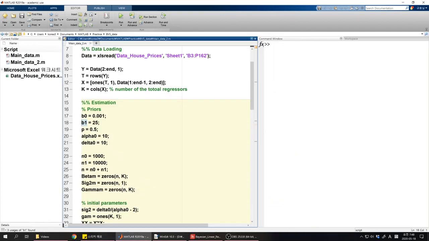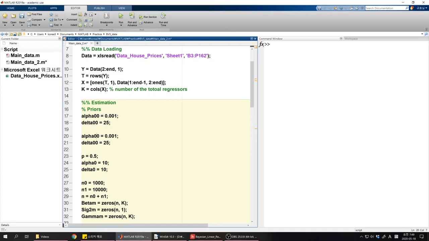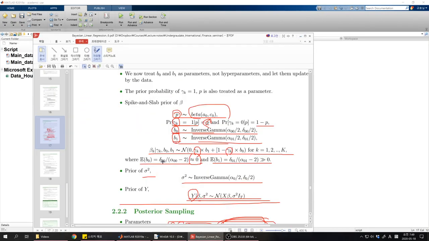Then here, say alpha 0,0 and delta 0,0, and alpha 0,1, delta 0,1. You see that this delta 0,0 divided by alpha 0,0 should be very small, close to 0.